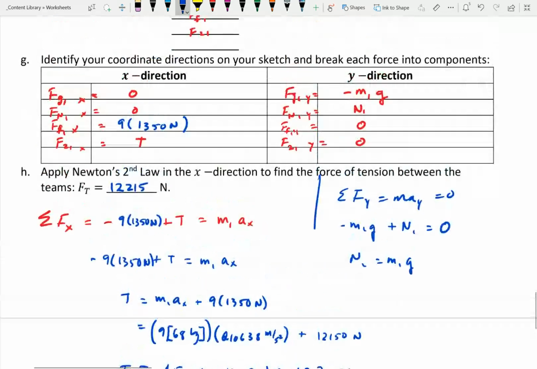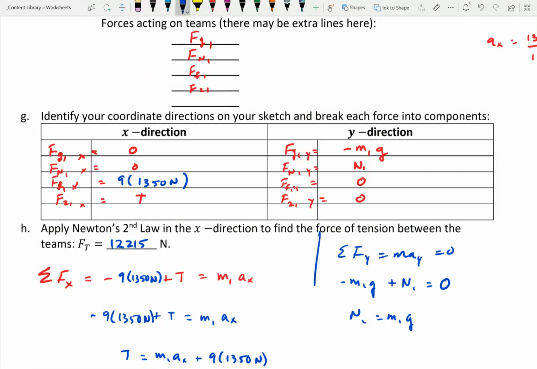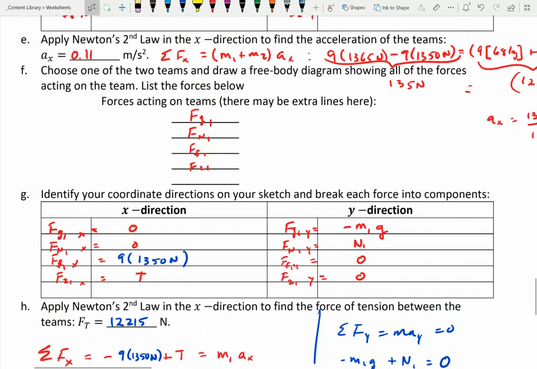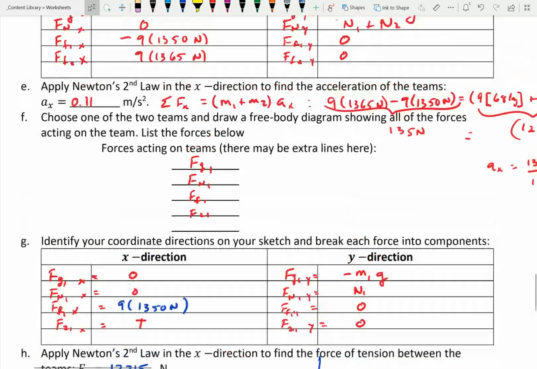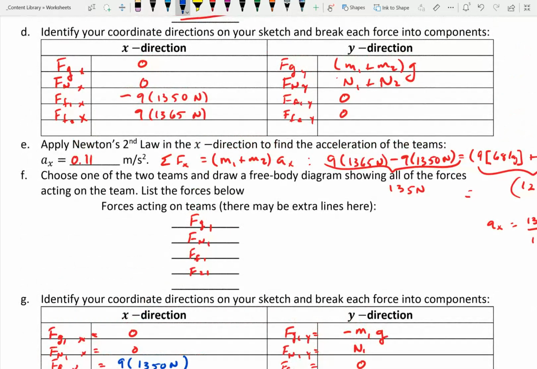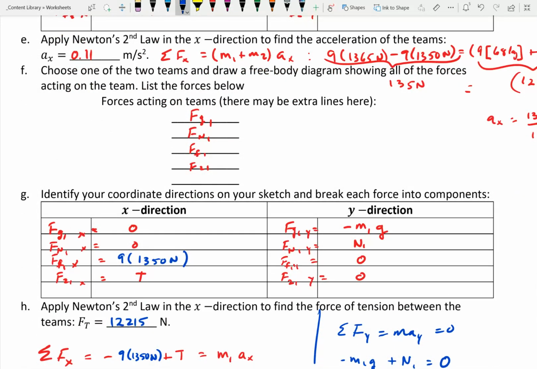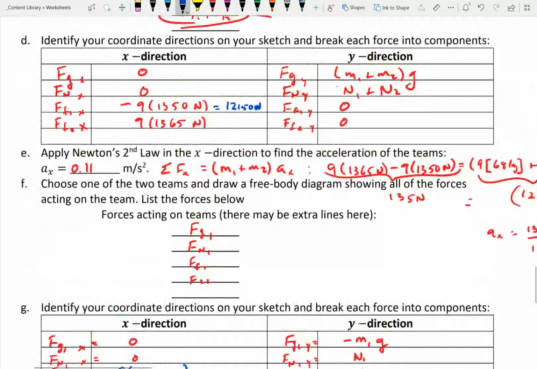If you come back and look at this, the tension is 12,215. Team 1 is applying a backward force of 12,150 newtons. So that means their backward force is less than the forward force being provided by tension. They're being pulled forward because of the net forward force.